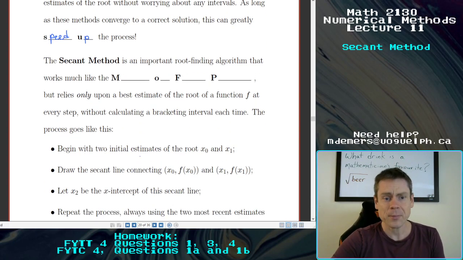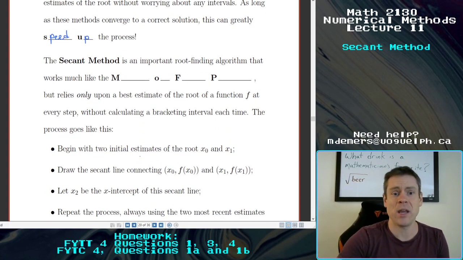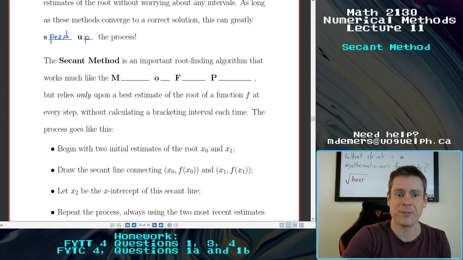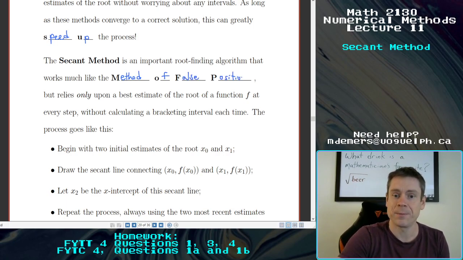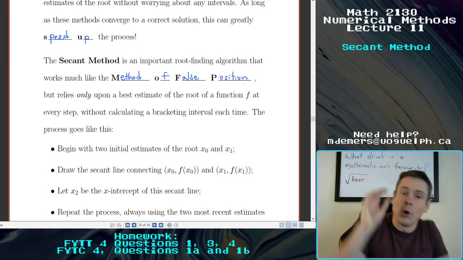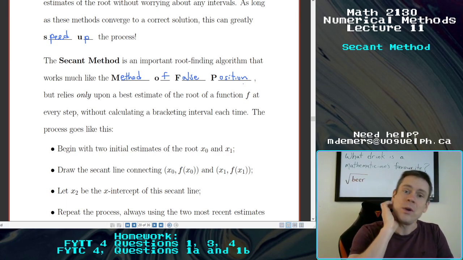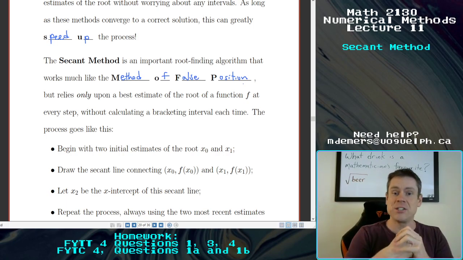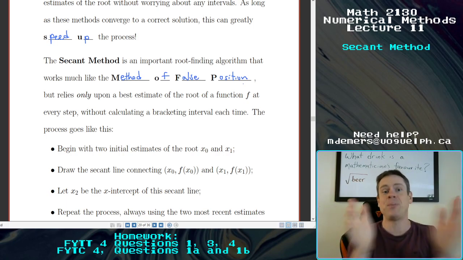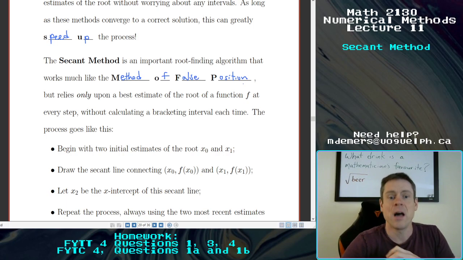The secant method, as I said, works a lot like the method of false position, but it does something a little bit different. It relies only upon a best estimate of a root of a function f at every step. We don't need a bracketing interval each time, and in fact, our estimates do not have to be on either side of the root.